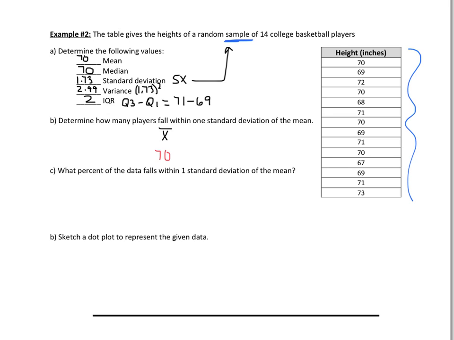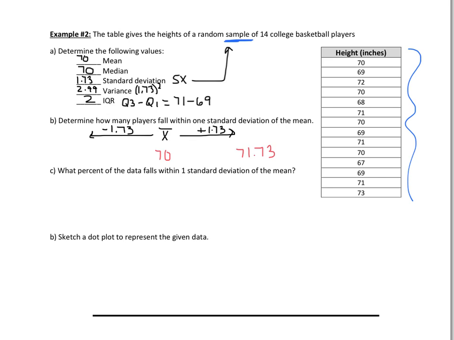Now let's go 1 standard deviation above. So let's add 1. 1 standard deviation, though, is 1.73. So we're going to add 1.73 as 1 standard deviation, and we will get approximately 71.73. And now we're going to subtract 1 standard deviation, so subtract 1.73.